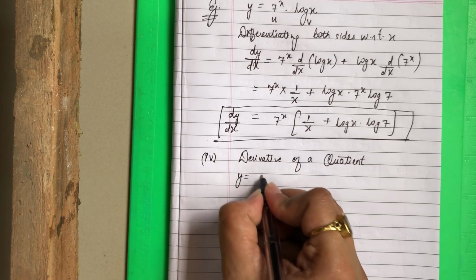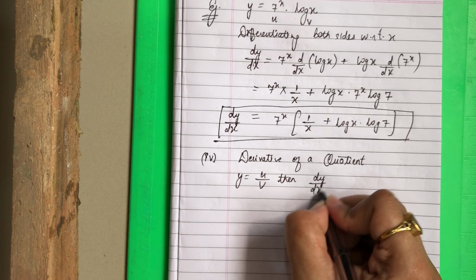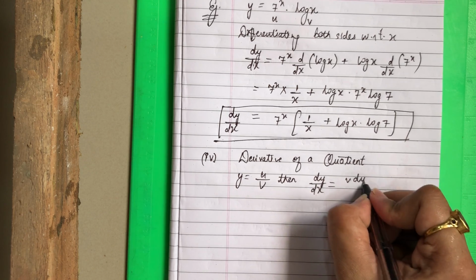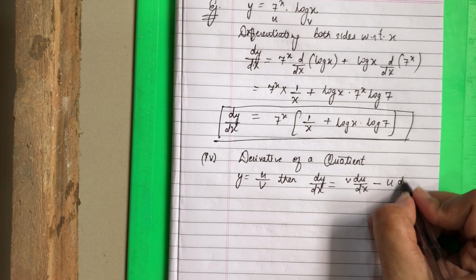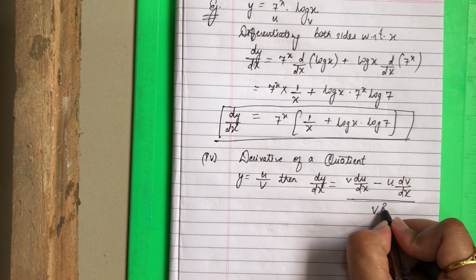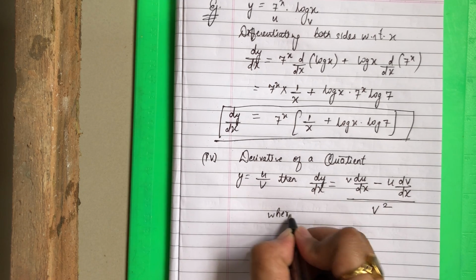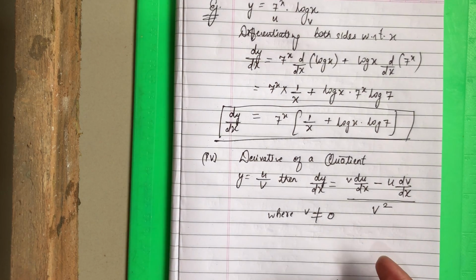That is, y is equal to u by v, then dy by dx is equal to v du by dx minus u dv by dx, whole upon v square, where v is not equal to 0. Because if our denominator is 0, then that will be an undefined function. So the denominator will never be equal to 0.